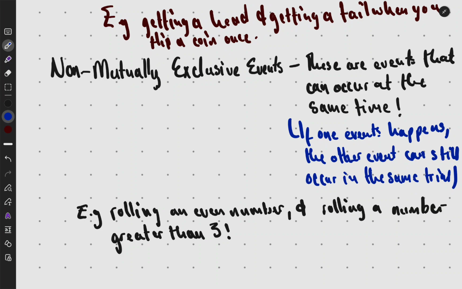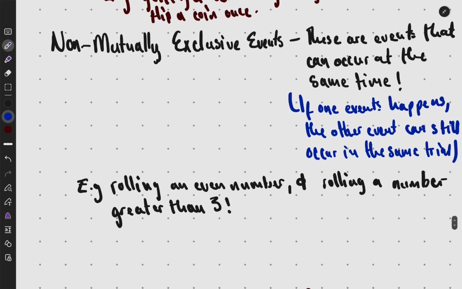Yes. If you roll a 4, it is going to be an even number and it's going to be greater than 3. If you roll a 6 on a dice, it's going to be an even number and it's going to be greater than 3. So you can have both. So we can say that A intersection B, for both of these two, is just going to be a 4 and a 6. They are both even and they are both greater than 3. So that means A intersection B is not equal to an empty set.